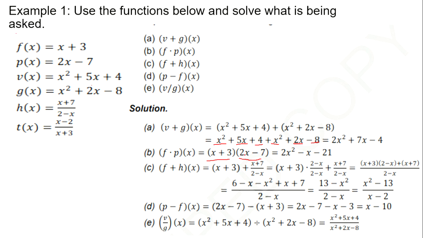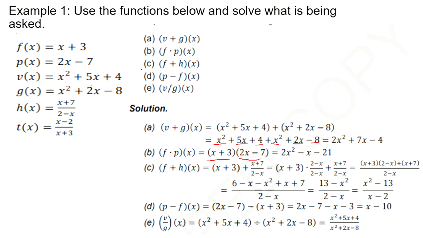Remember that, 6x. x times negative 7 is negative 7x. So negative 7x plus 6x is negative x. The constant term is 3 times negative 7, which is negative 21. So the value of (f times p)(x) is simply 2x squared minus x minus 21.